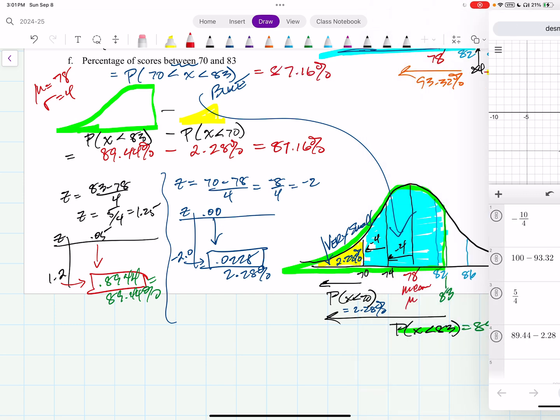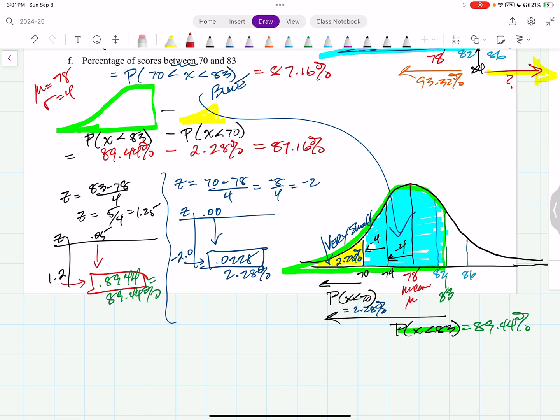And that, my friends, is the blue area. 87.16% is the percentage of scores that are between 70 and 83. So all you do is big minus small, and you get the area between.